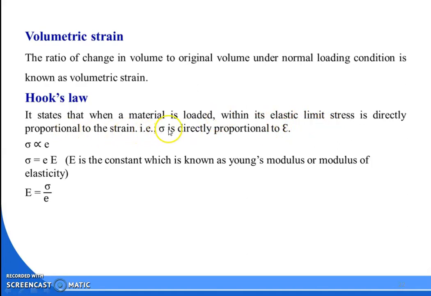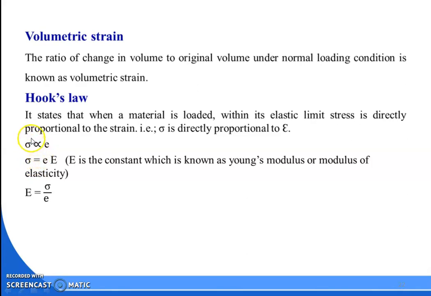That is, stress, denoted as sigma, is directly proportional to strain. You can give the symbolic representation of strain as epsilon or small e. You can take any one of these two.